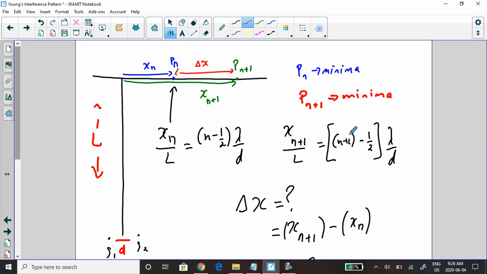Look what I've done here. The nth minima, and the nth plus 1 minima. I just put n plus 1 in. And then I want to calculate delta x. How far apart are they? Well, it would be the green distance minus the blue distance, xn plus 1 minus xn.